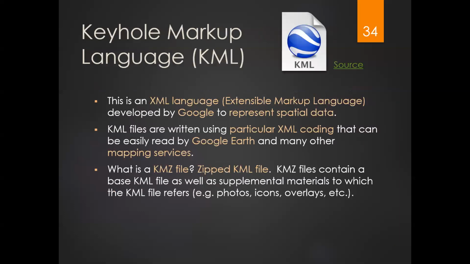So the first format is called KML. It's called Keyhole Markup Language. It's an XML language, or extensible markup language, developed by Google to represent spatial data in Google Earth at the very beginning. At the very beginning, when Google Earth started to develop, this format was exclusive to Google Earth.